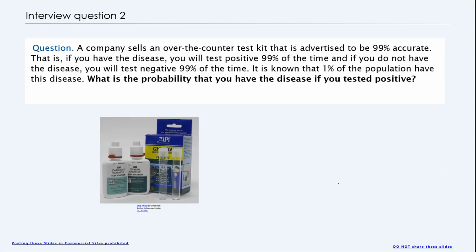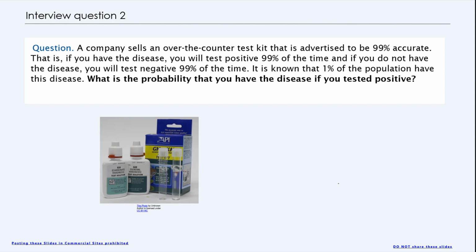Here's another kind of question. A company sells an over-the-counter test kit that's advertised to be 99% accurate. That means if you have the disease, you will test positive 99% of the time. If you don't have the disease, you will test negative 99% of the time. And it's known that 1% of the population has the disease.